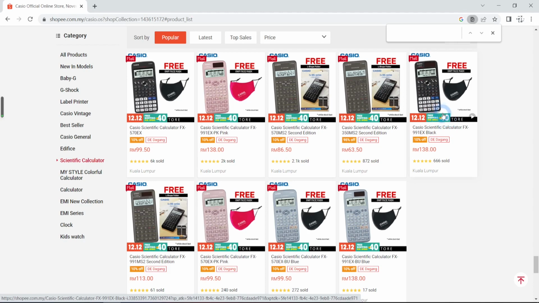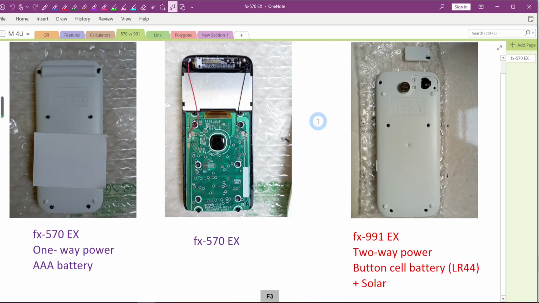There are three colors available also for this model: black, blue, and pink. Let me show you some other differences between these two calculators. For FX570EX, this is one-way power. You can only use battery. The battery used is AAA battery. If you want to replace the battery, you need to take out 6 screws. 1, 2, 3, 4, 5, 6.